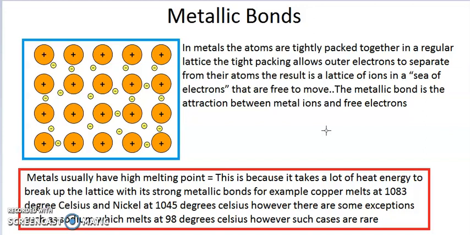Copper melts at 183 degrees Celsius and nickel at 145. This is because their atoms are very close together and they have a very high melting point, right? However, there are some exceptions. For example, sodium, which melts at 98 degrees Celsius, but mostly metals have very high melting points.